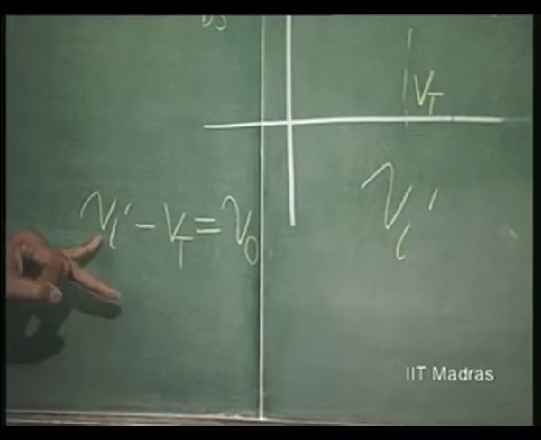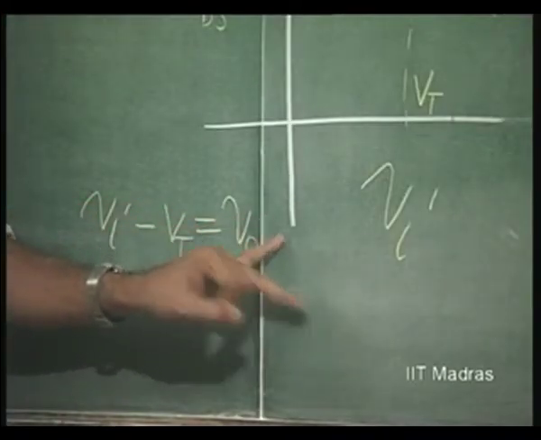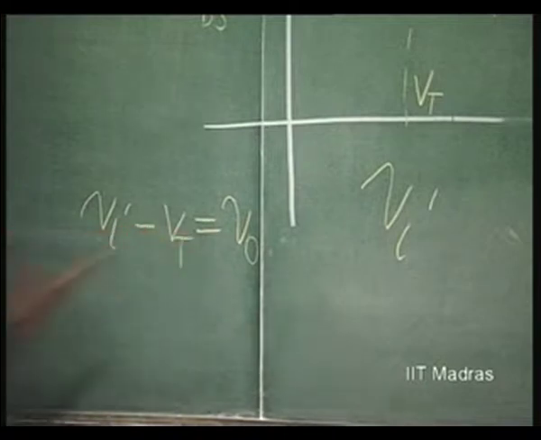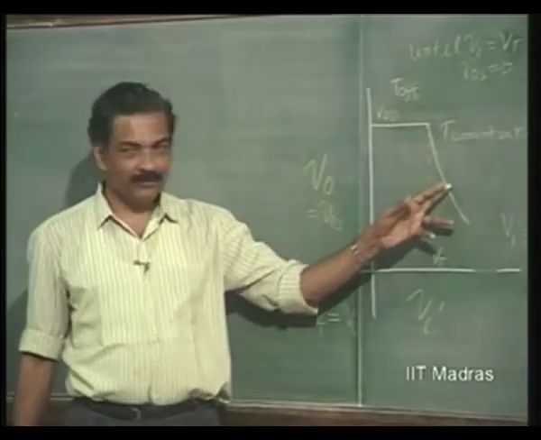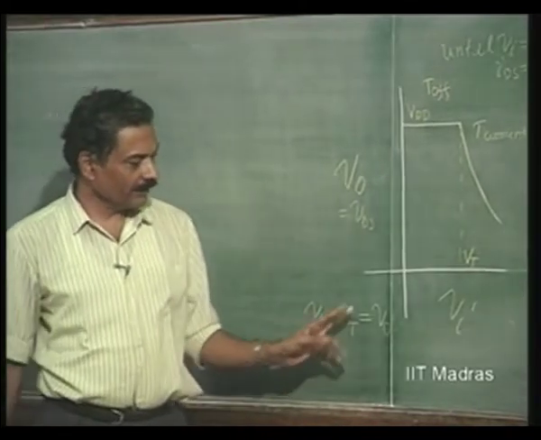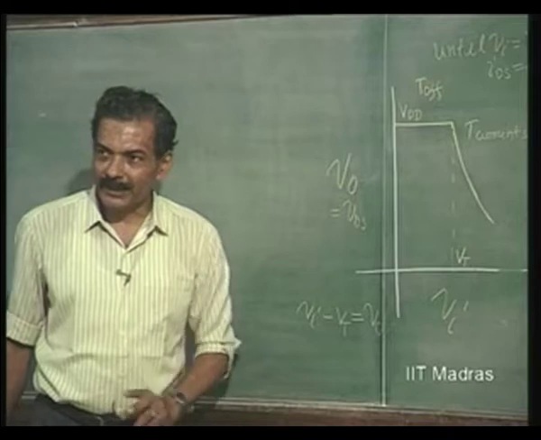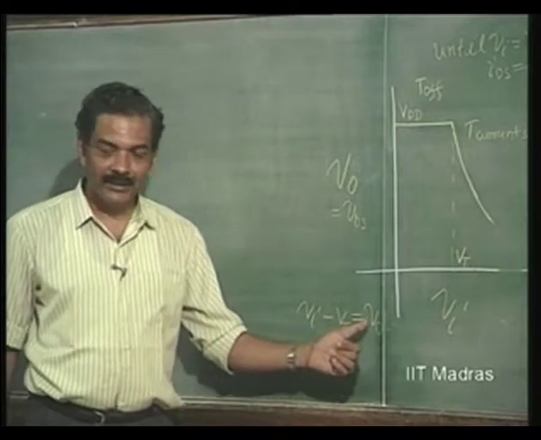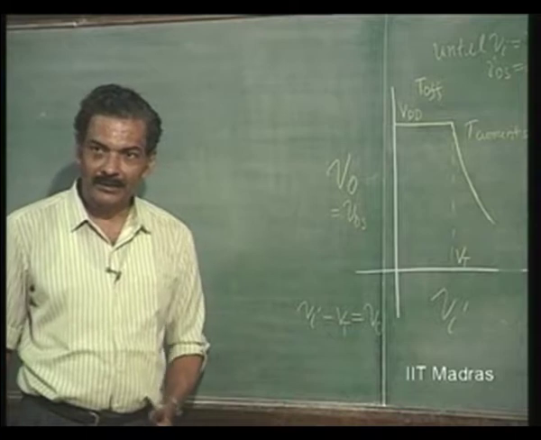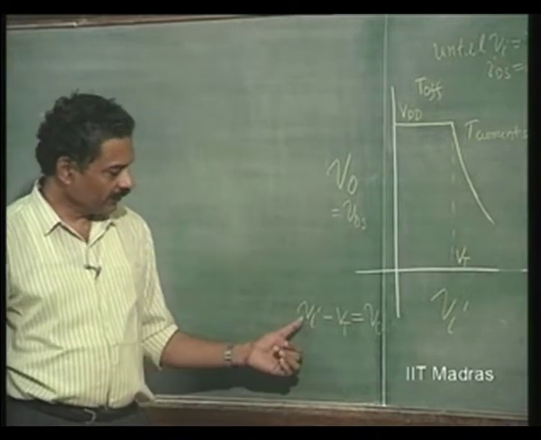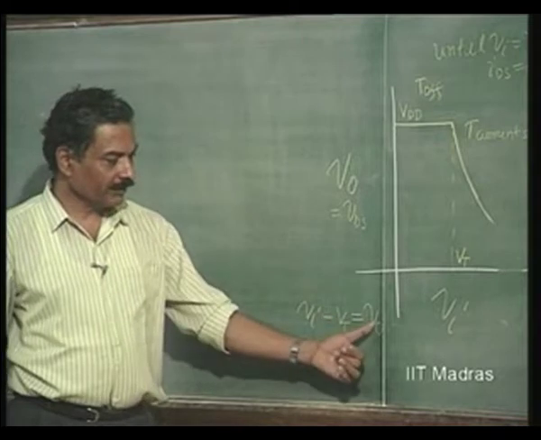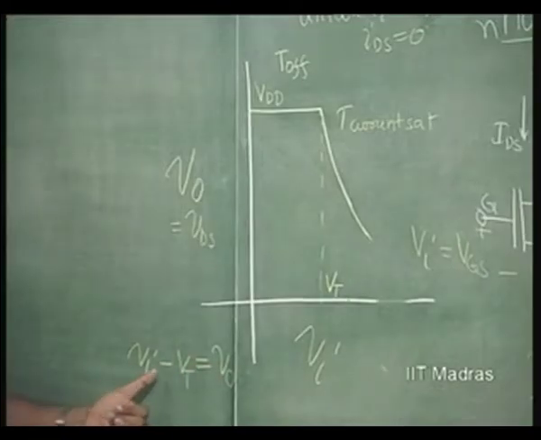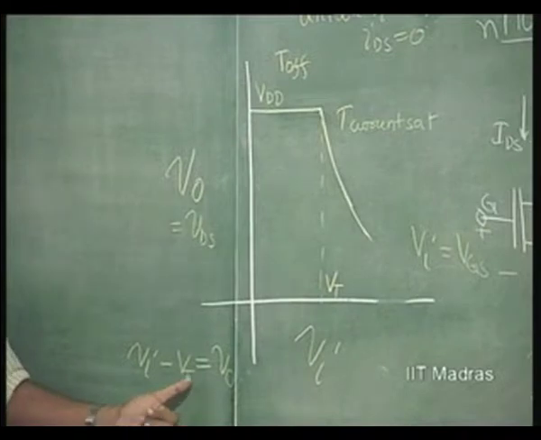VGS minus Vt equal to VDS is the point at which it enters triode region. VGS is equal to Vi, VDS equal to V naught. So, corresponding to the point Vi minus Vt equal to V naught, it will enter triode region. How do we know this? Because this is one curve, this is another curve. Vi minus Vt equal to V naught is a straight line. If we put V naught equal to 0, there will be Vi equal to Vt. That means, at Vi equal to Vt, there is going to be an intercept here.